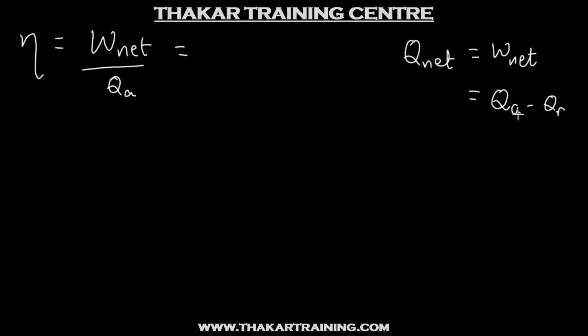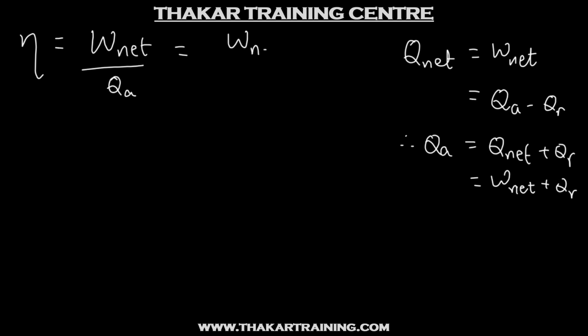So we can write QA as Q net plus QR, but since Q net is the same as W net, this is W net plus QR. So this becomes W net upon W net plus QR.